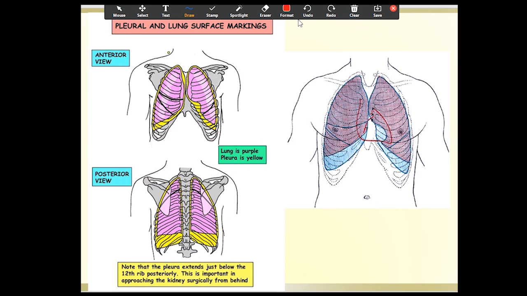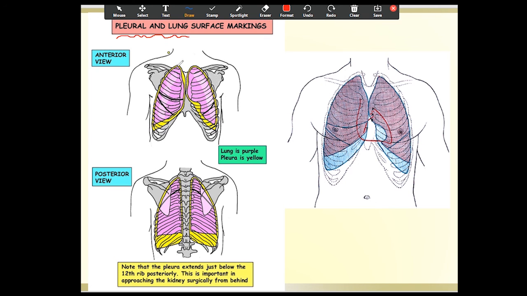So we know the pleural cavity covers the lung. When we look at the lung, it includes the pleural area.